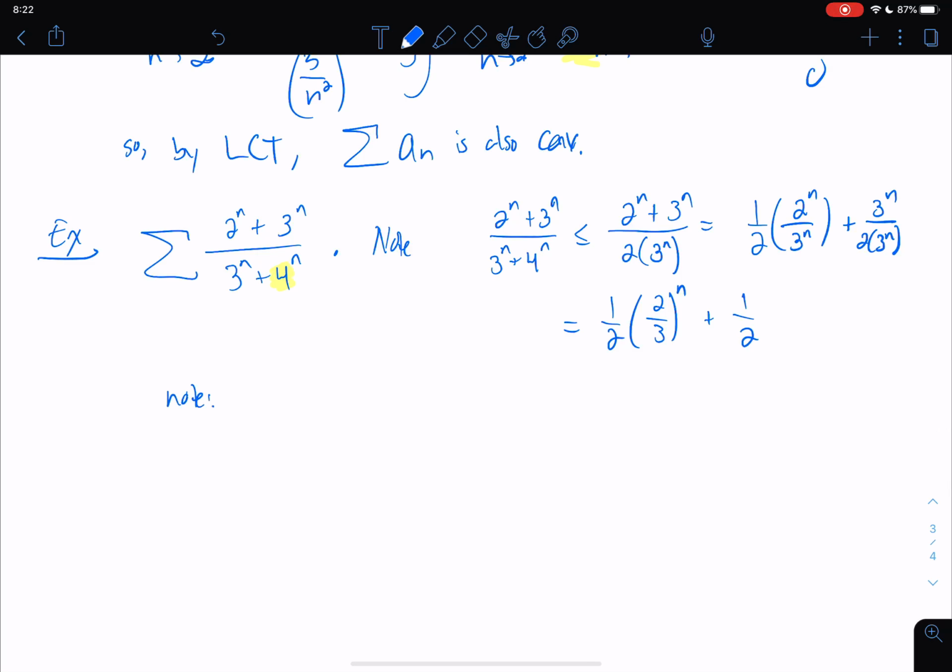Note that if this is what I'm going to compare it to, note that the sum of 1/2 will not work.